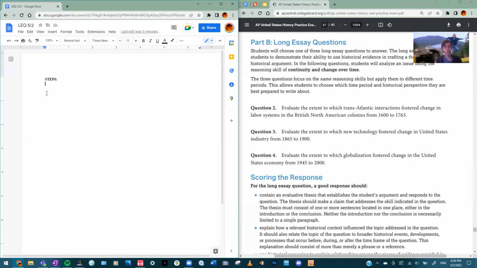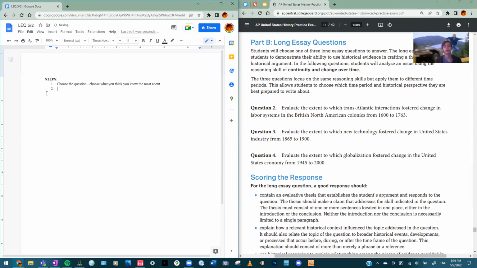Steps. The first step that you do is choose the question. Choose what you think you know the most about. Don't just choose something random like, I'll just choose that one. Actually think of whether you can think of facts that could go with it, specific facts.